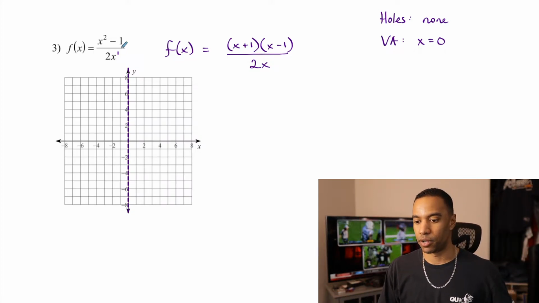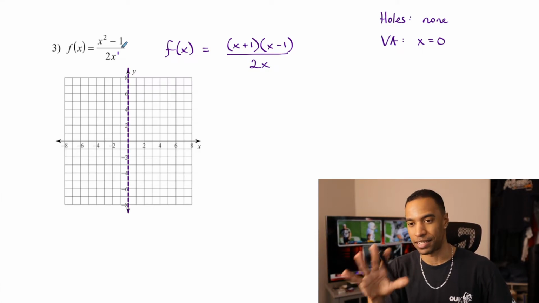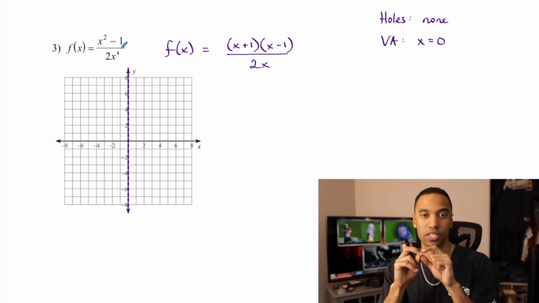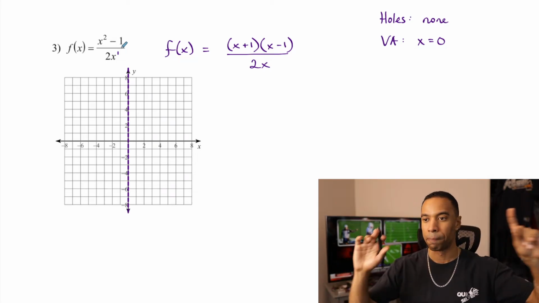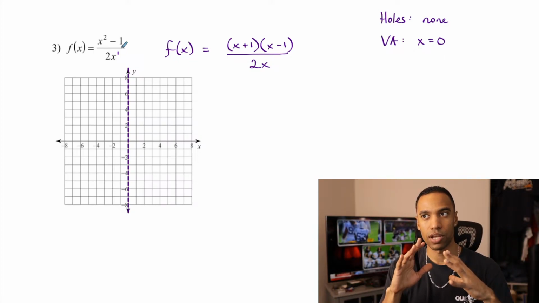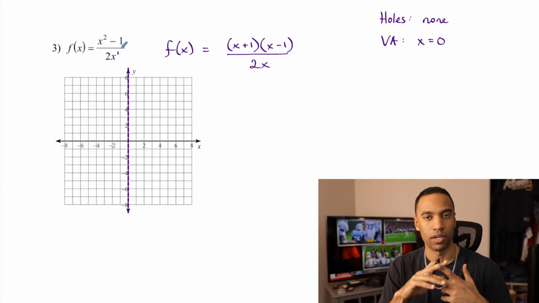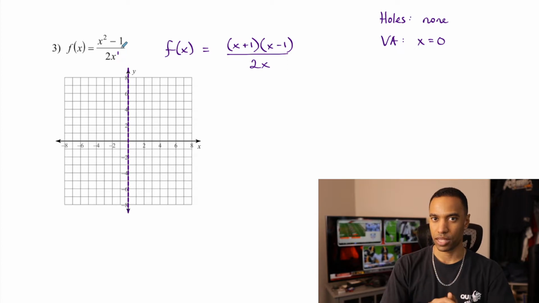Now, it doesn't mean the number gets largely positive every single time. It could be largely negative, but the idea is it doesn't approach a single constant value. It approaches positive or negative infinity in one direction or the other. Let's find out, though, because this is not a horizontal asymptote. It's an oblique asymptote. Let's find out what that asymptote looks like, and let's approach the asymptote from there.